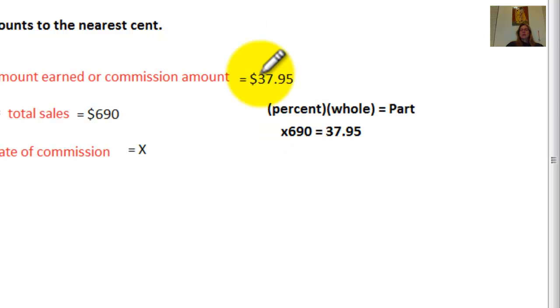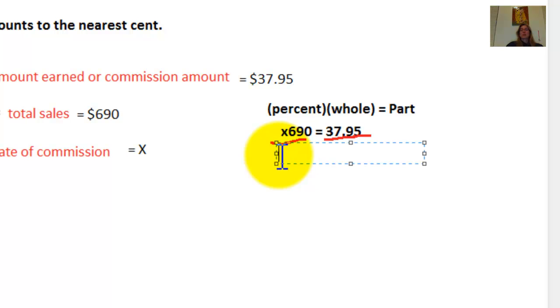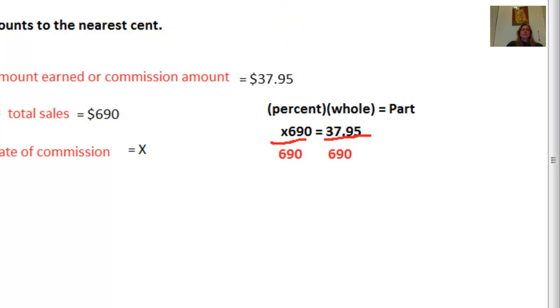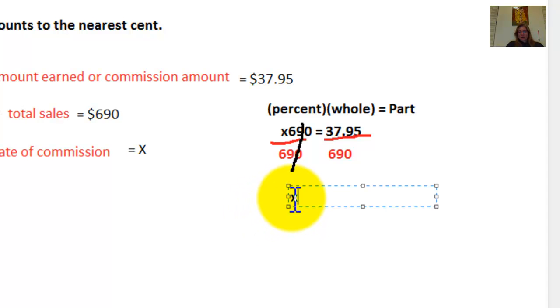So to get that separated and solve for X, we divide both sides by 690. Sound familiar? And it should, because you want to end up with your same answer. So 690 on both sides. That does our little trick of 690 divided by 690 is 1. So then we can set this whole math over here equal to X. So X is now equal to this math. Let's do that math.